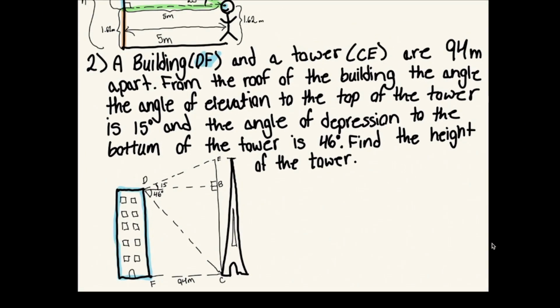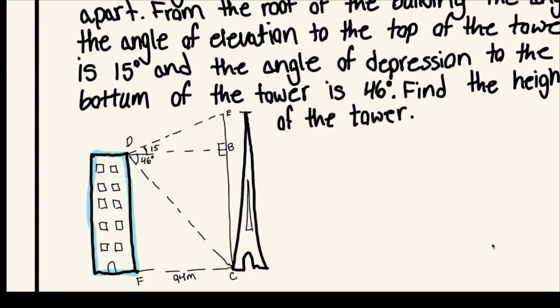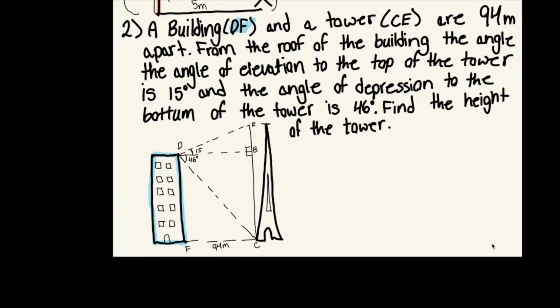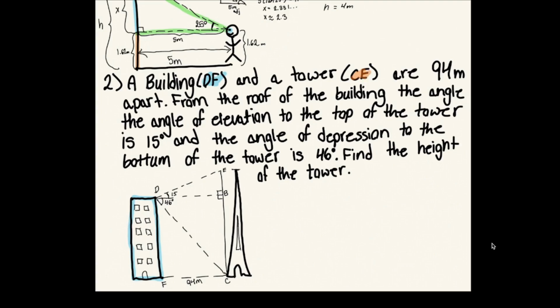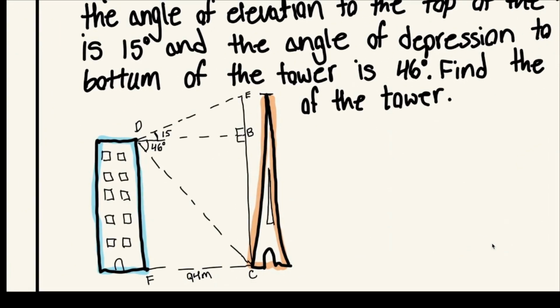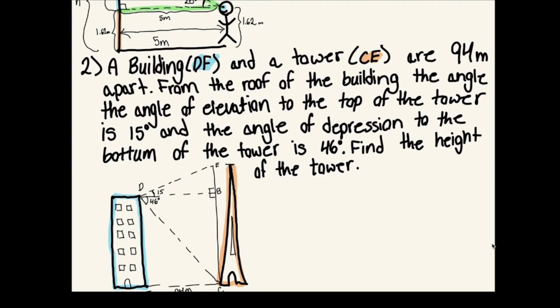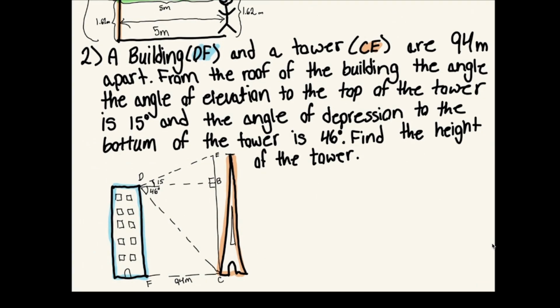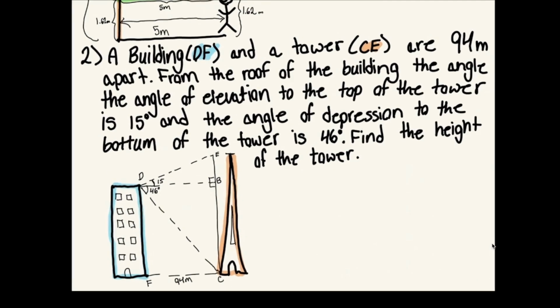And a tower CE. Okay, so CE is going to be this right here, because E is right here and C is right there, right? Okay, now they say the building and the tower are 94 meters apart.